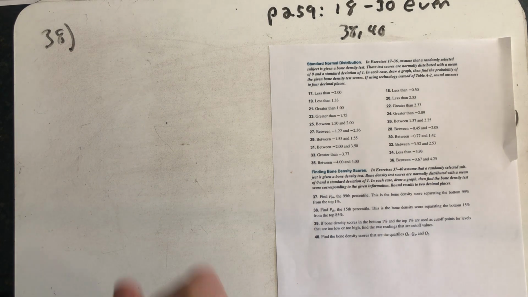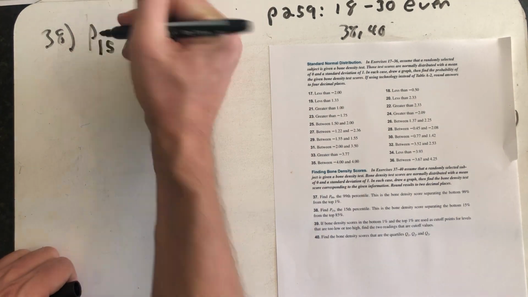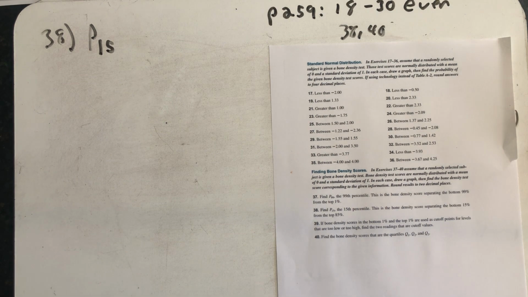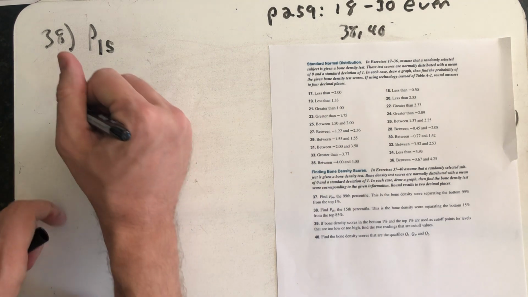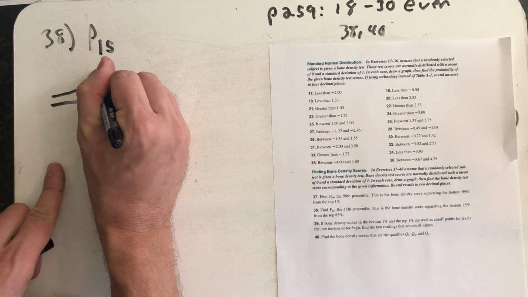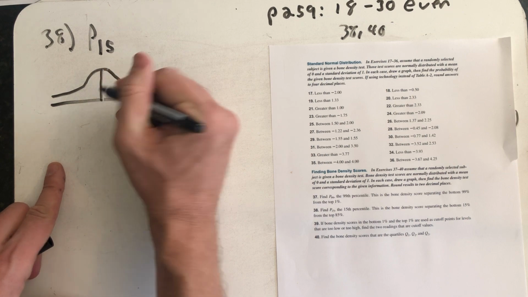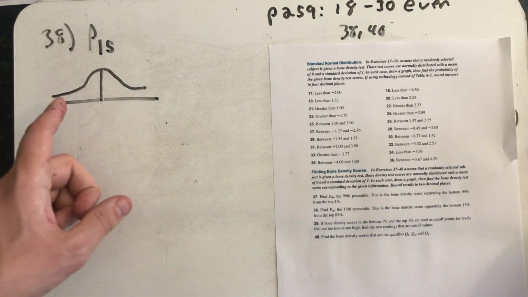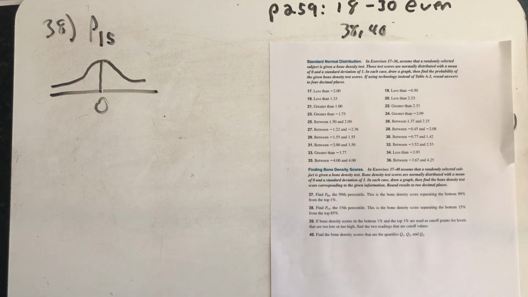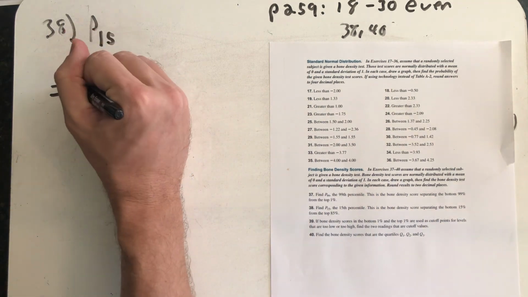Okay, so in number 38, we're asked to find the 15th percentile, p sub 15. And furthermore, it just goes on to tell us this is a bone density score that separates the bottom 15% from the top 85%. Well, the mean's right in the middle, separating the bottom 50 from the top 50, so the bottom 15% is down here somewhere.